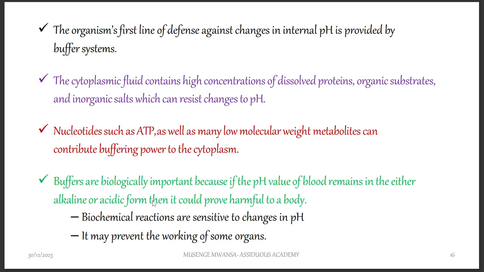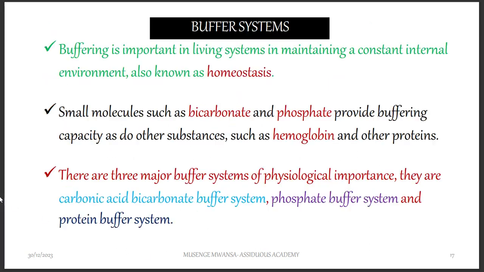So buffers are biologically important because if the pH value of blood moves to either the alkaline or acidic side, any change can be destructive, because it can prevent the working of some organs, and it can disturb some reactions that happen in our body to help us function properly.